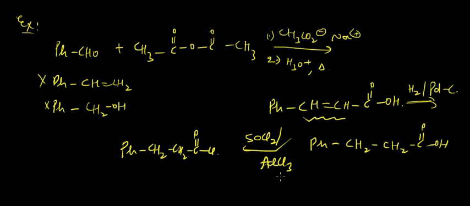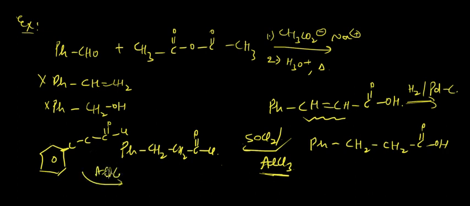And on this Cl, in presence of AlCl3, what will happen? If we draw a benzene ring, first let us draw C double bond O with Cl here, and then in presence of AlCl3 Friedel-Crafts acylation will take place.